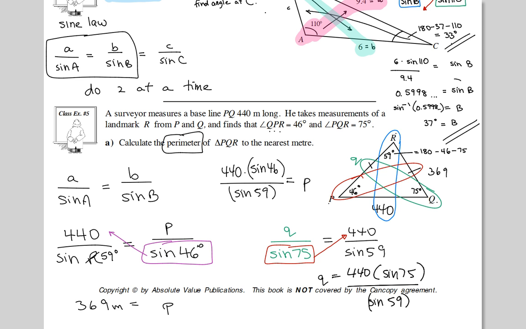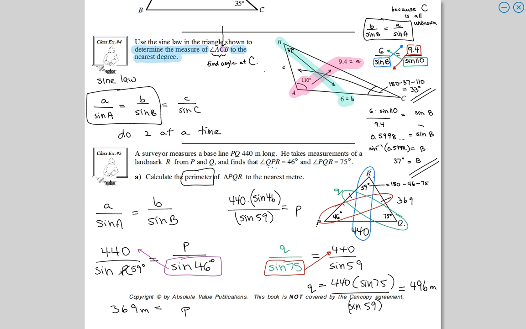With the Texas Instruments, it's probably way easier. So I'm getting 495.8, 496. Now to answer the question, they just want you to add up all the sides. So 440 plus 369 plus 496, add them all up, and you get the perimeter.